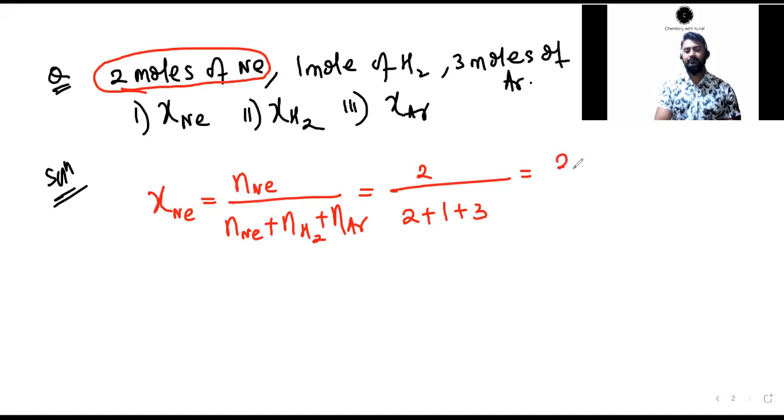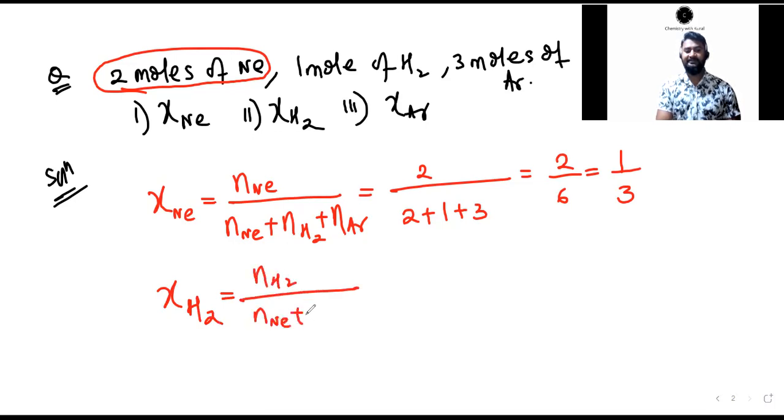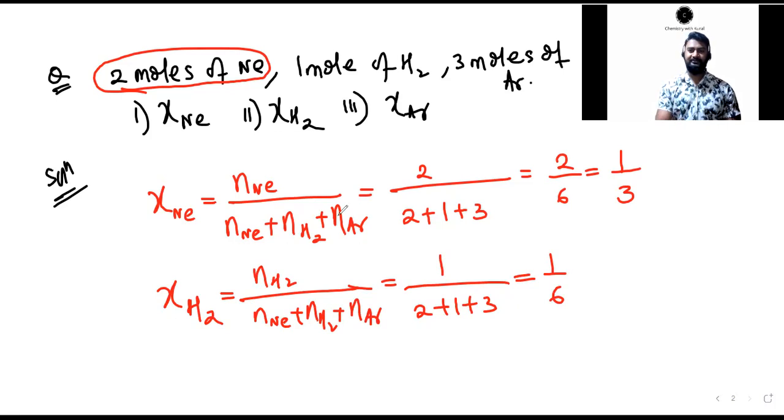So what will be the value? It will be 2 by 6, which is 1/3. What is the mole fraction of hydrogen? That will be moles of hydrogen divided by moles of neon plus moles of hydrogen plus moles of argon. It will come out to be 1 divided by 2 plus 1 plus 3, which is 1 by 6.